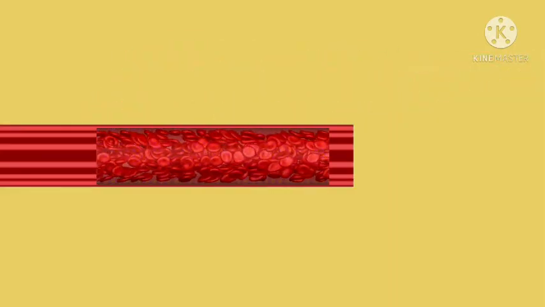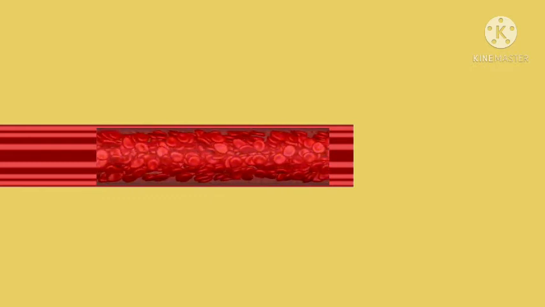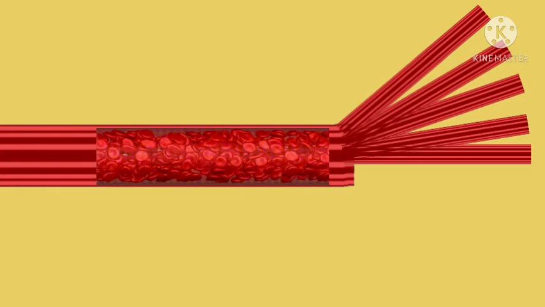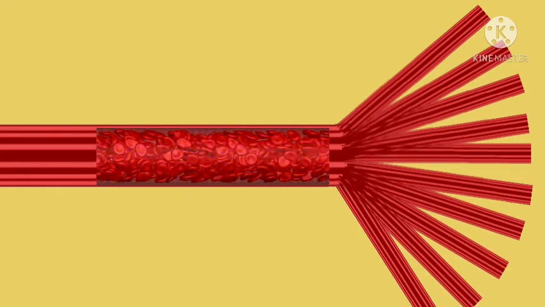So by the question, the major artery, which has the largest cross-sectional area, carries blood and branches into 18 smaller arteries.